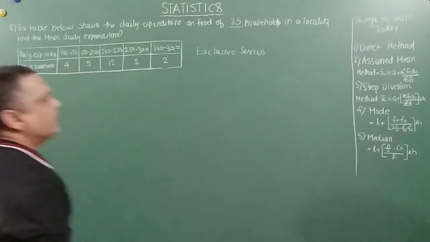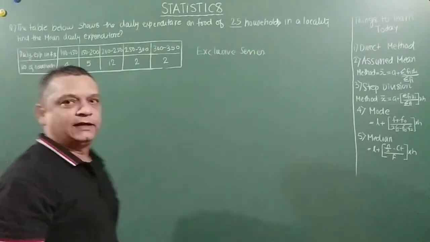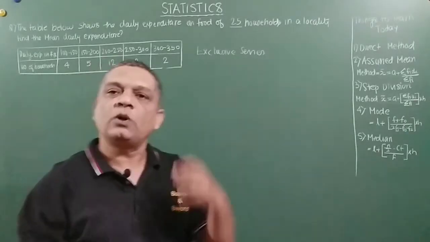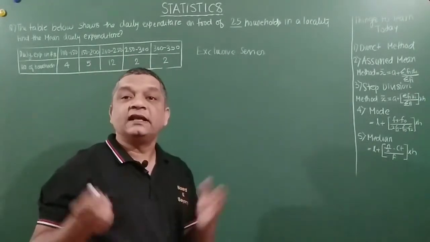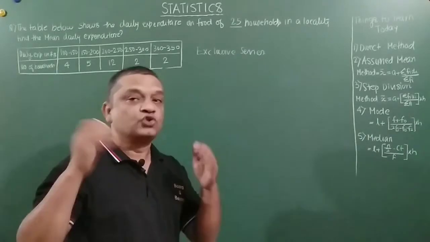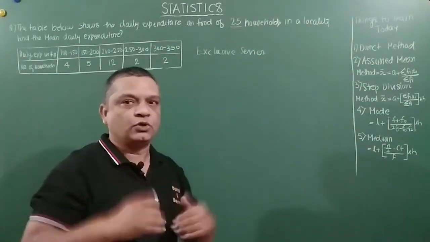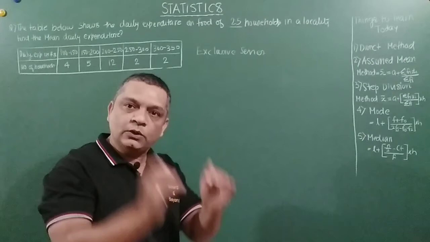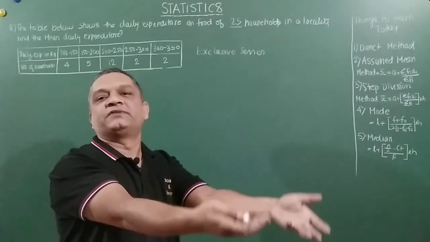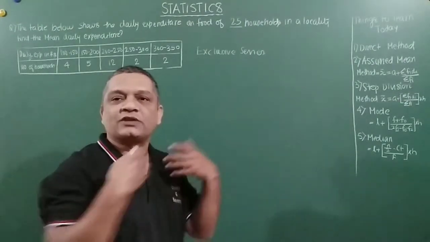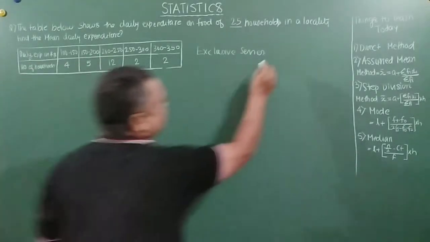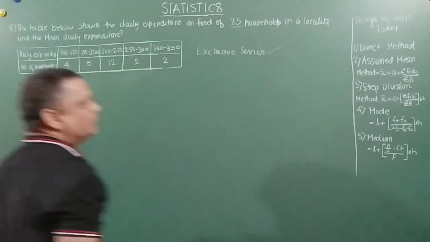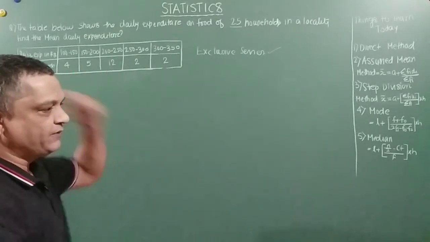In certain scenarios it will not be continuous, and in that case it is called an inclusive series of data. So our first job is to convert an inclusive series into an exclusive series before attempting to solve the problem. This is one point I wanted to highlight: this is an exclusive series of data.